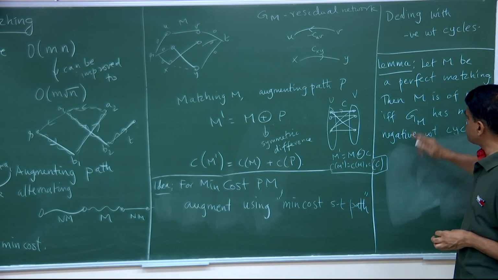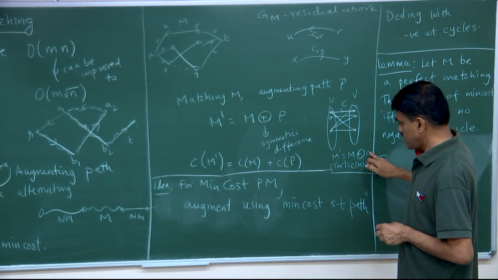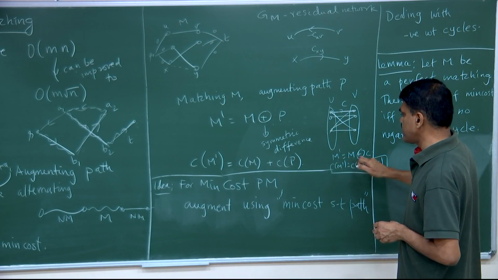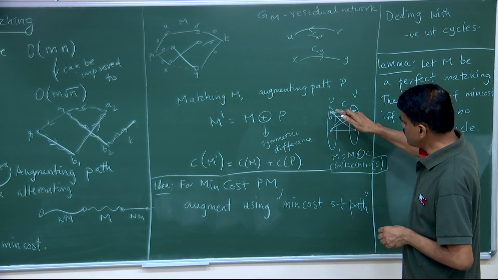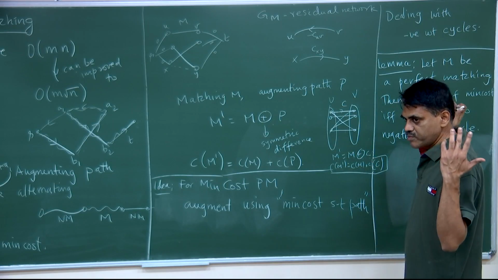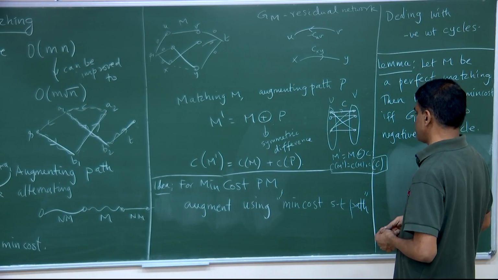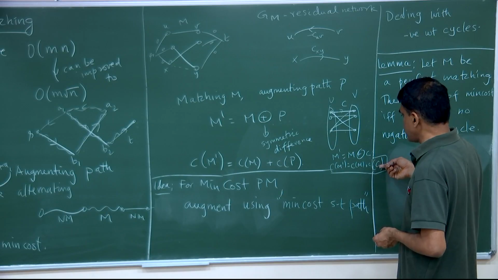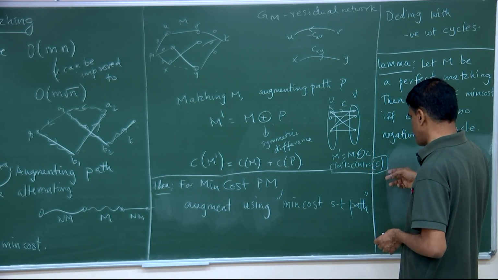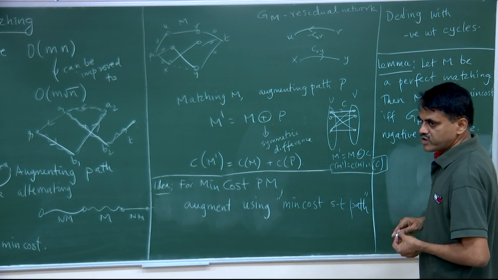So if M is a perfect matching, and if there is a negative weight cycle, then I just look at the symmetric difference of M and C. Every vertex of U and every vertex of V is saturated because it's a perfect matching. So if you take the cycle and do the symmetric difference, it means take the edges in the cycle but not in the matching, and in the matching but not in the cycle, and remove the remaining. What you get is a different matching, right?